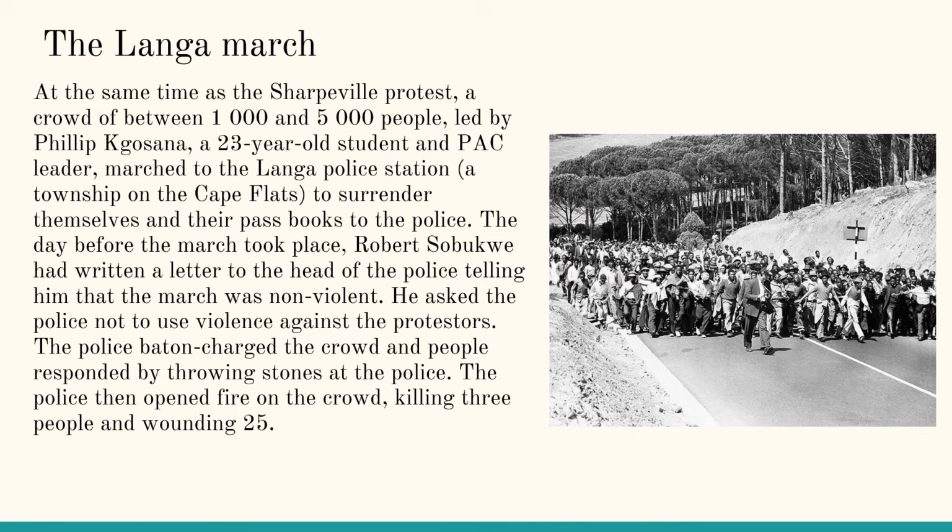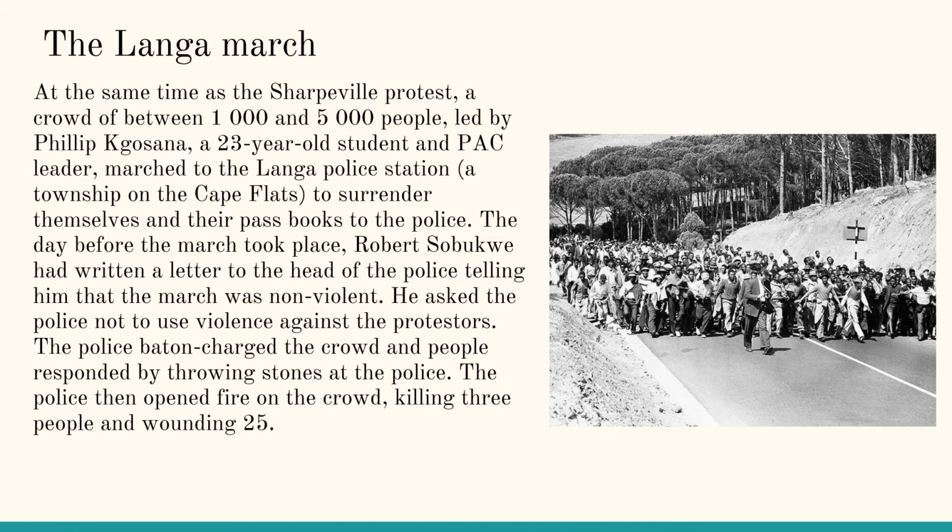The Langa March. At the same time as the Sharpeville protest, a crowd of between 1,000 and 5,000 people, led by Philip Kgosana, a 23-year-old student and PAC leader, marched to the Langa police station, a township on the Cape Flats, to surrender themselves and their passbooks to the police.